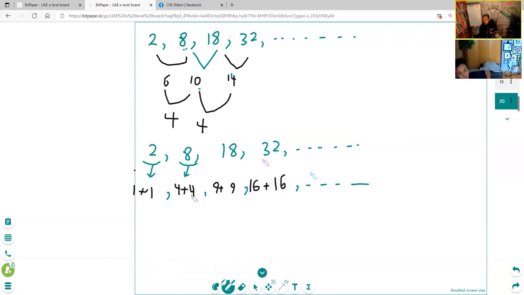Now see both sequences, and add the nth terms of these sequences. The first sequence is a square number, and the second sequence is also a square number. What will be the required nth term?